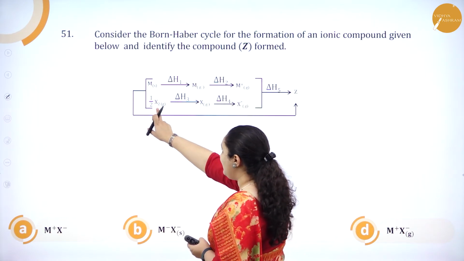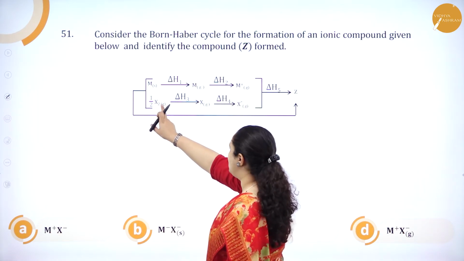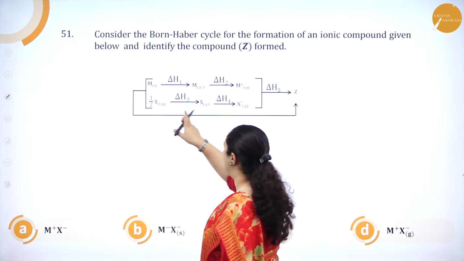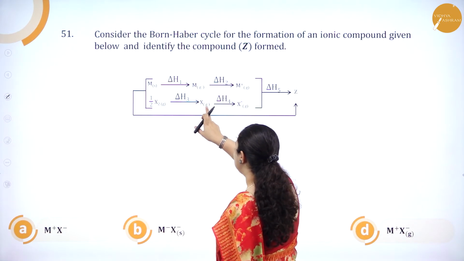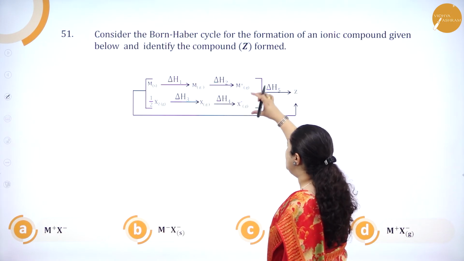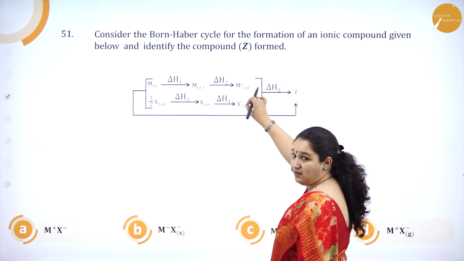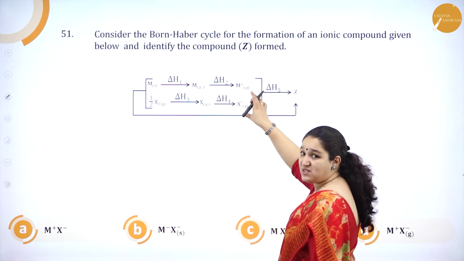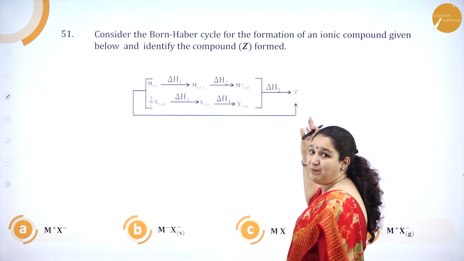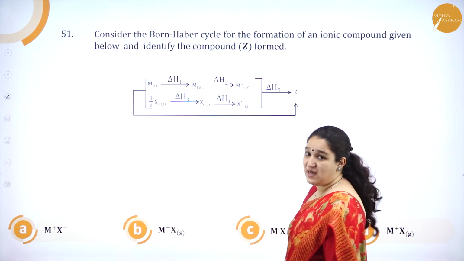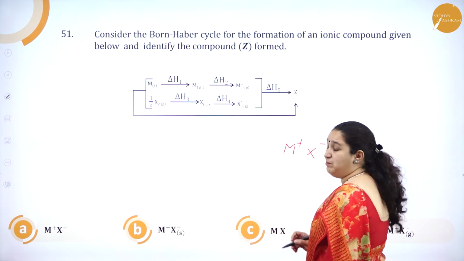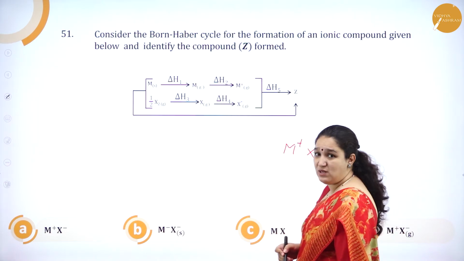Then X2 is already in the gaseous form. Its bond is breaking here, that is bond dissociation enthalpy to form a single atom of gas. Then the electron is added, so electron gain enthalpy to form X-. So both coming together, both in gaseous state, when they react with one another, the amount of energy released to form a solid M+X- has to be formed. So you are going to get M+X-, but it should be solid state.